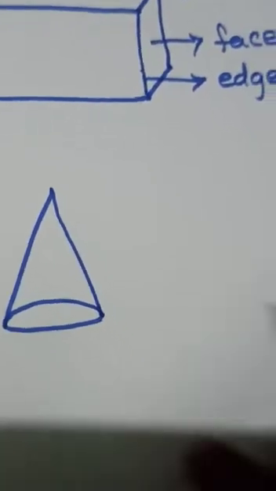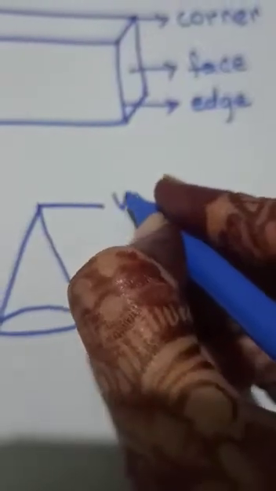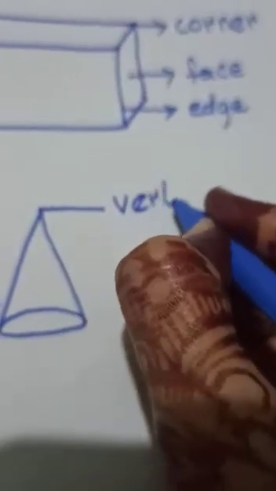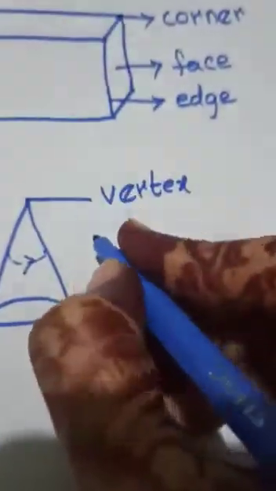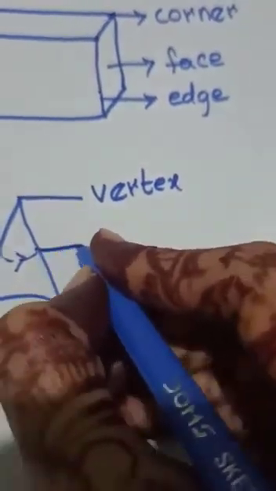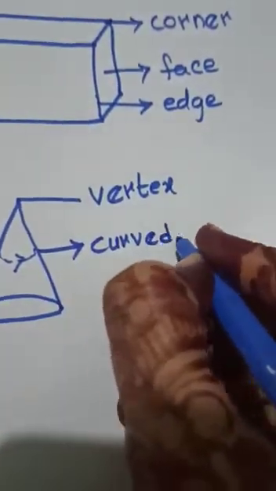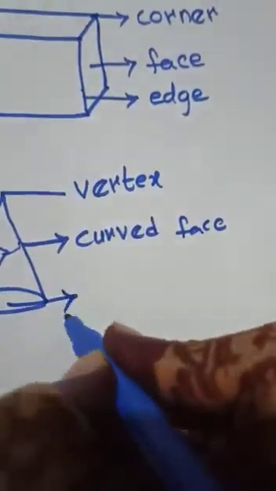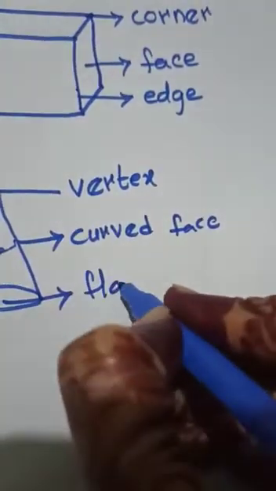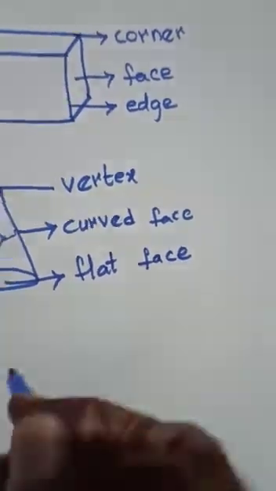Now see here, this is a cone. This is called vertex, V-E-R-T-E-X, vertex. And this is curved face, C-U-R-V-E-D, curved, F-A-C-E, face. And this is flat face, F-L-A-T, flat, F-A-C-E, face.